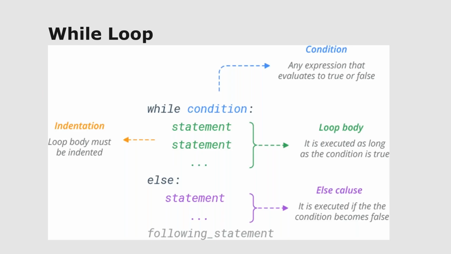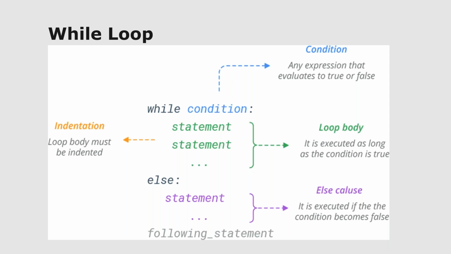So here, while the condition, where condition is any expression that evaluates to true or false. Most of the time you will use a comparison operator, and the code statement can be any code actually. This will run in the loop while the condition is true. And here you are using the else clause. If you add the else clause, while else, it is executed if the condition becomes false.